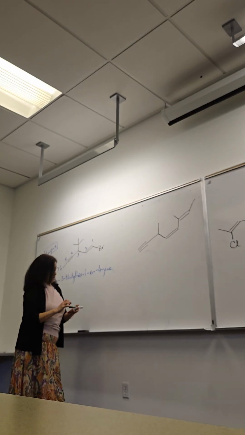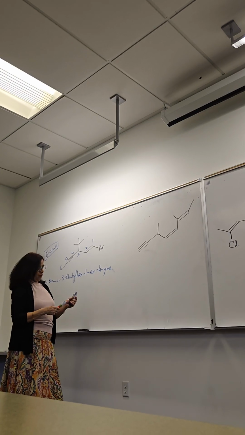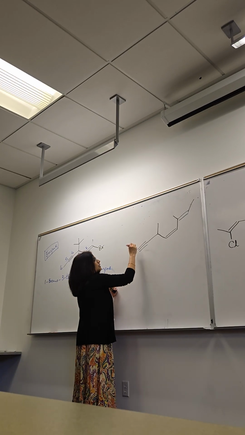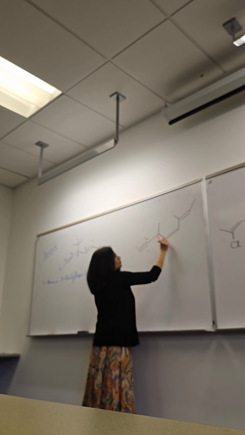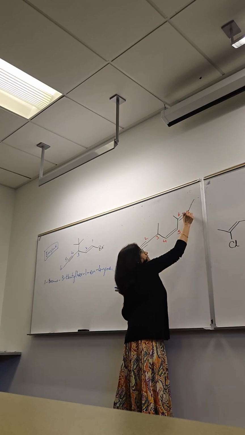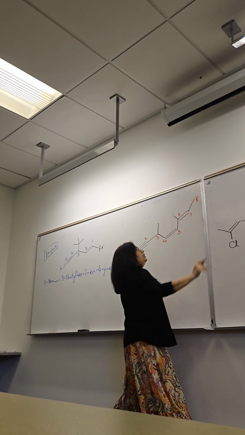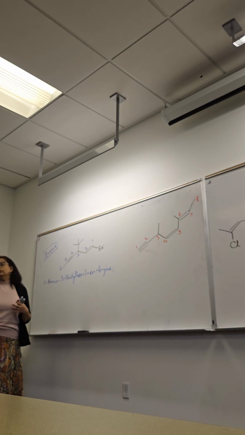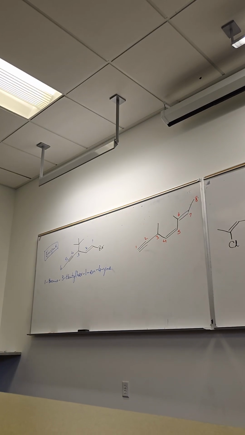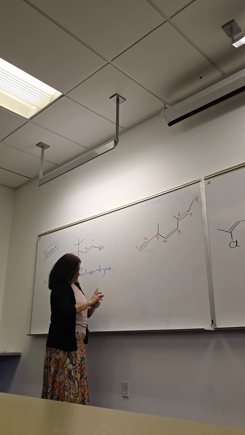What's the parent? Would you agree? 1, 2, 3, 4, 5, 6, 7, 8. Do you agree with my numbering? Yes. Once again, the goal is to give the enes and ynes the smallest combination first. Groups.